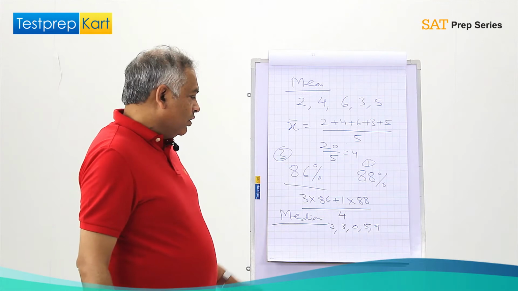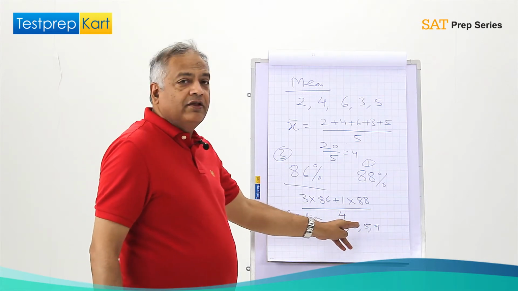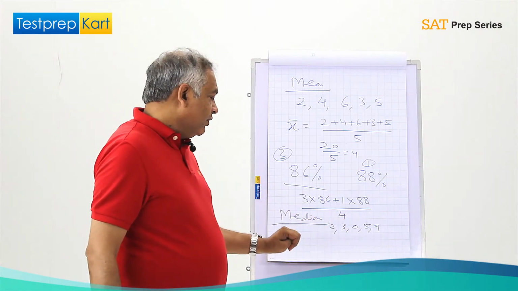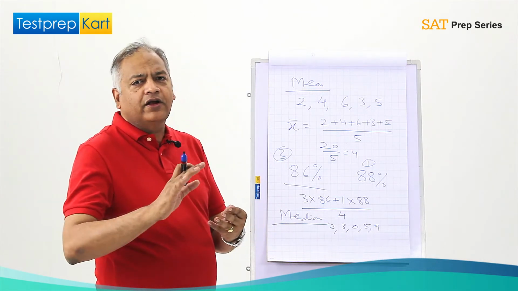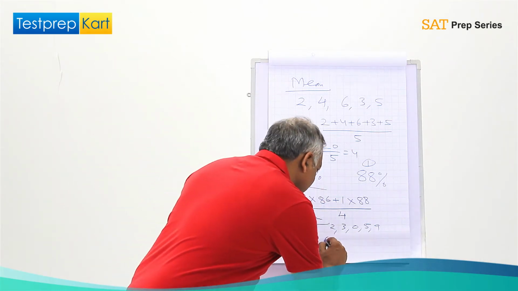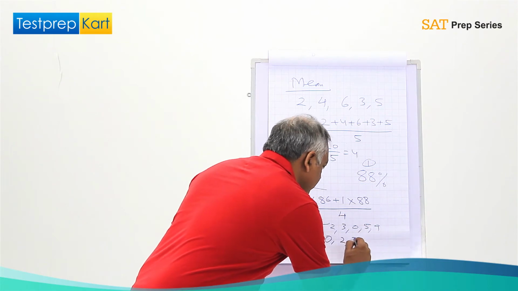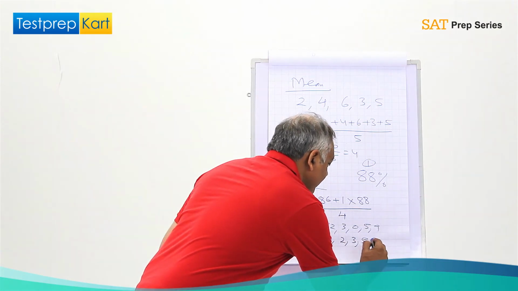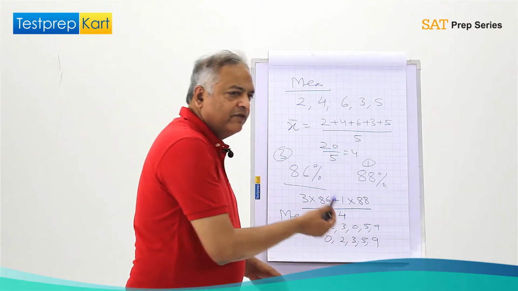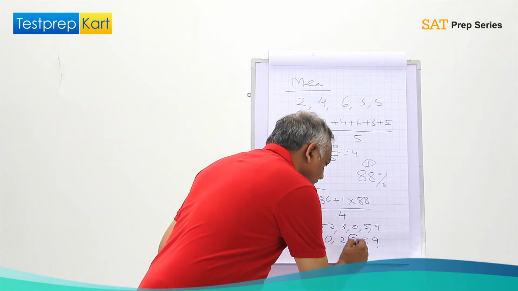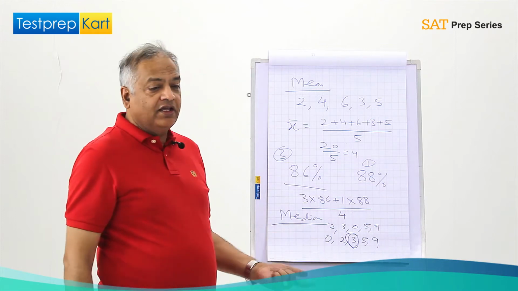It's not that 0 is the median just because you take the middle value. What you have to do is first arrange these numbers in ascending order: 0, 2, 3, 5 and 9. Now you take the middle number. There are 5 numbers, so the middle number will be 3. So my median in this case is 3.